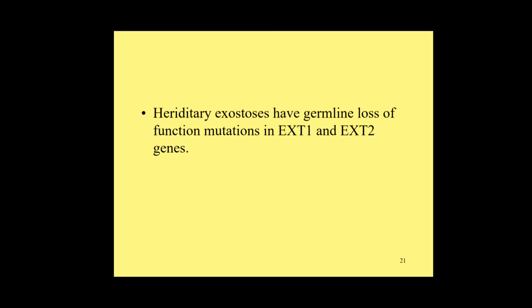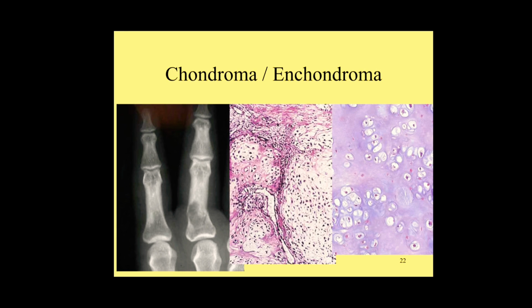If heparan sulfate glycosaminoglycans are abnormal or reduced, that will prevent normal diffusion of Indian hedgehog. What is Indian hedgehog responsible for? It is a local regulator of cartilage growth. So basically all these mutations in the EXT1 and EXT2 genes are causing disruption of chondrocyte differentiation. So it will affect the cartilage growth as well as the skeletal growth.